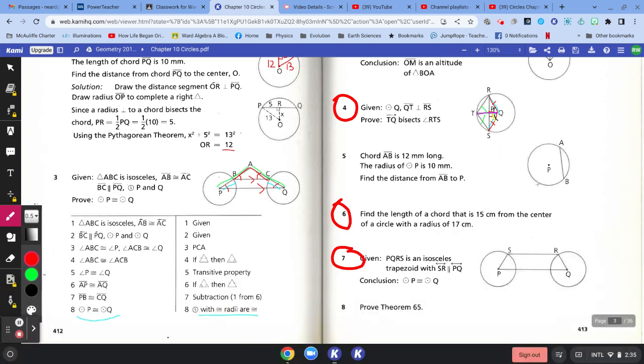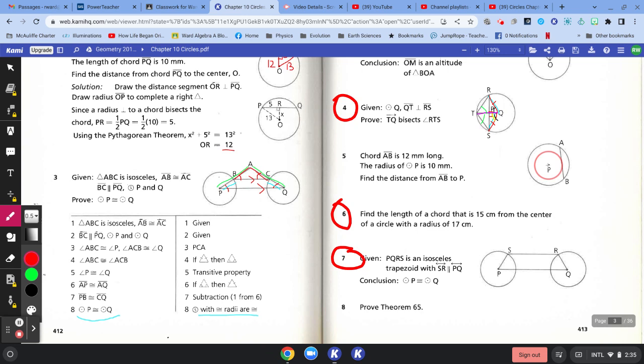Now for number 6, I'm going to repurpose the diagram on number 5 because it'll be a little easier to do that than to try and just draw a circle with this. So we want to find the length of a chord that is 15 centimeters from the center of a circle that has a radius of 17 centimeters.